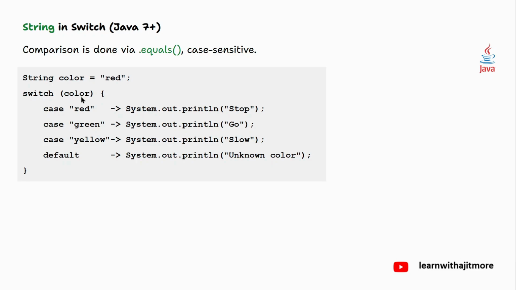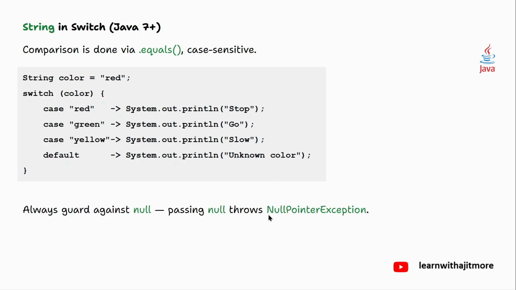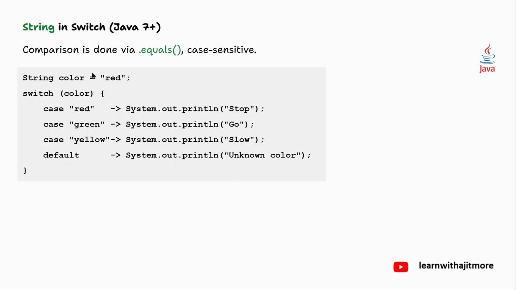But if the color value is not matching with red, then it will check equals with green. Not matching, then it will check equals with yellow. And none of them, then default. That is unknown color. Okay, I hope you're understanding it, right? Sure, understand. The rule is clear. I hope it is clear.